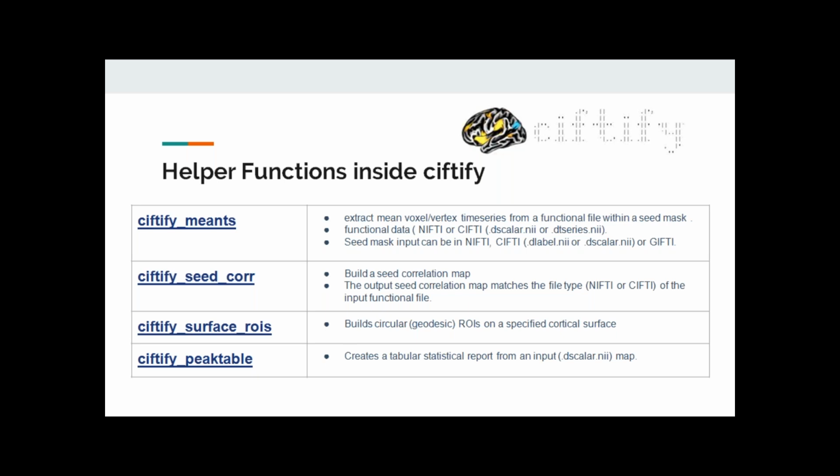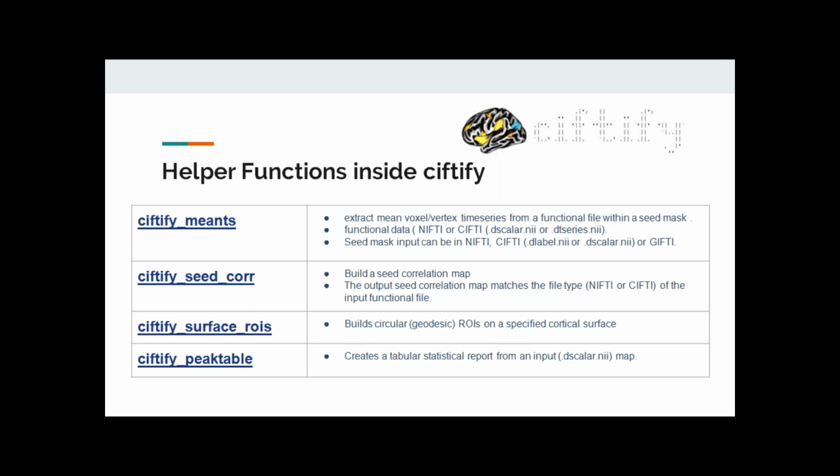I also sometimes hook into Python's nibabel to do some extra little things. So one thing is cifti_define_mean_ts, which can essentially take any file format and give it a functional file or a scalar file, and will output the mean values or weighted mean values according to some masks.